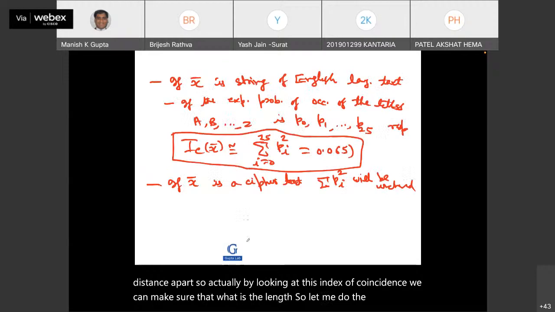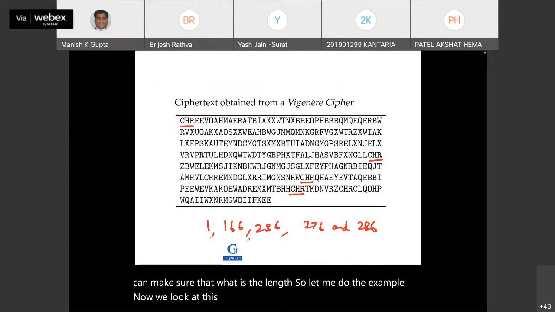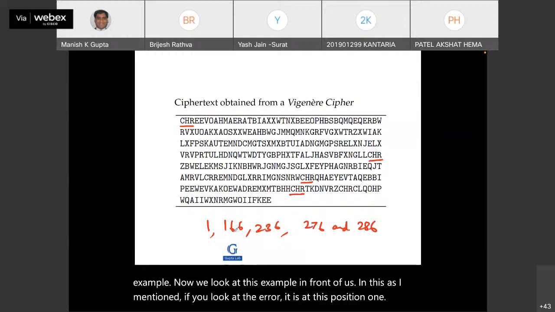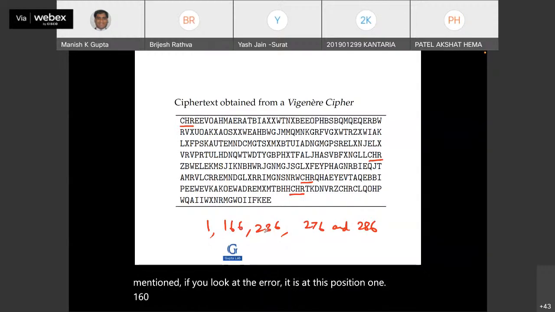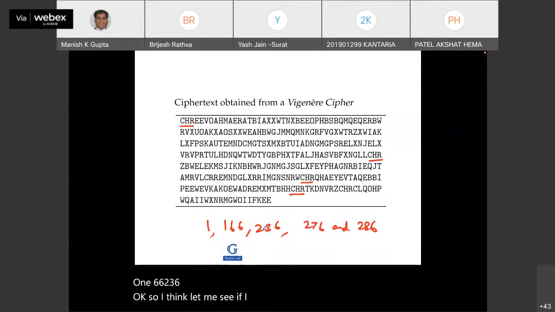Now we look at this example in front of us. In this, as I mentioned, if you look at the CHR, it is at position 1, 166, 236. Let me see if I can easily find it by eye. Sometimes it is tricky to find by eye, but anyway, I have given you 3, 4. One of them is missing actually.